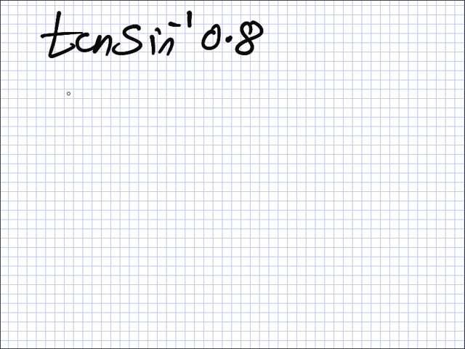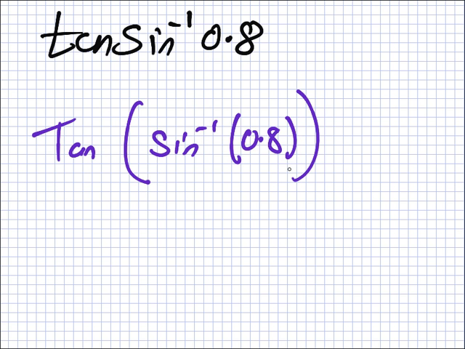It's tan of sine inverse of 0.8. If you're not clear, I'll use brackets: tan bracket sine inverse bracket 0.8 close close. How's that? Clearer?